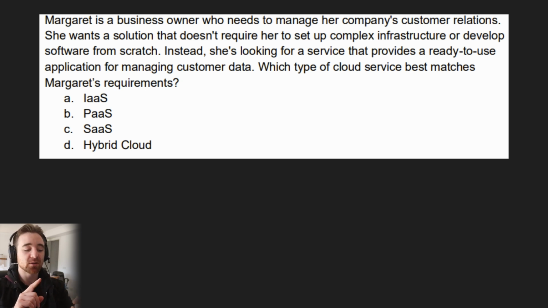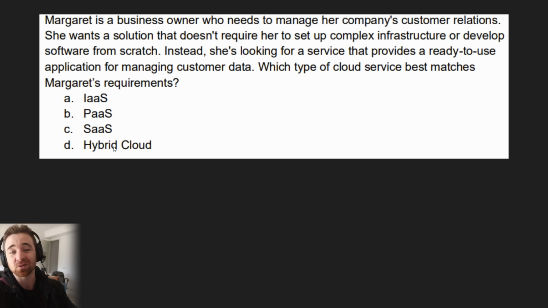Are you hiring their hardware and they're also giving you the operating system with some building blocks to do your own coding and develop your own applications? Or are you paying for a ready-to-use application that's ready to go? You don't even need the hardware itself. It's running on someone else's hardware. You're just accessing it. So that's what these three represent.